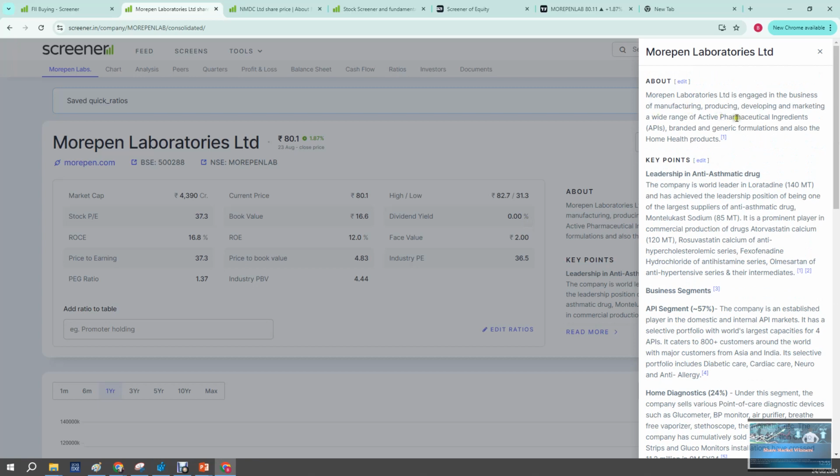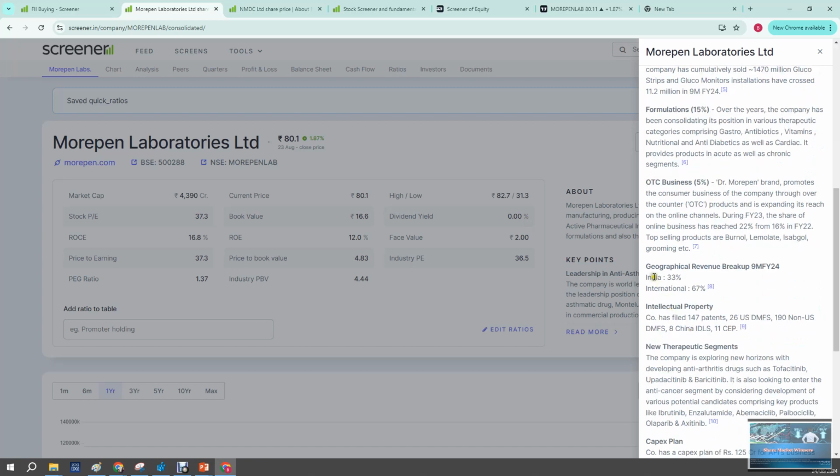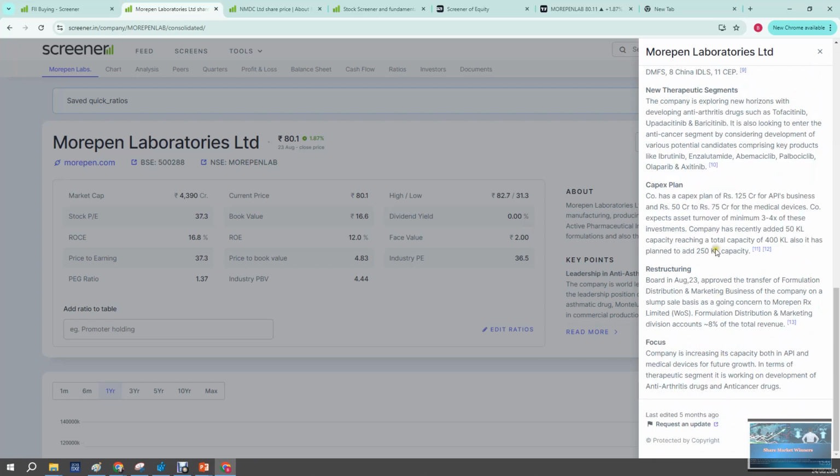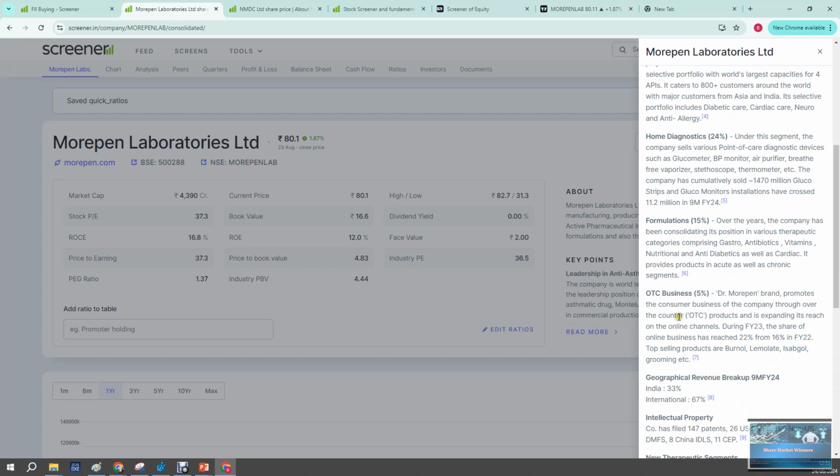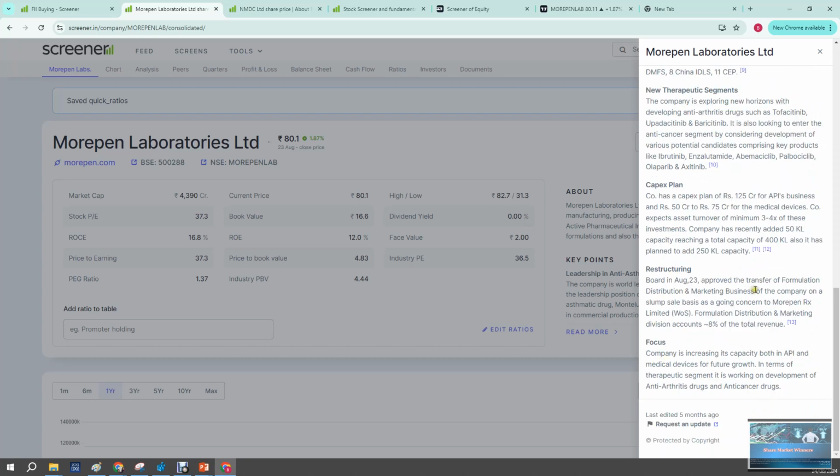Here you can see Marksans Pharma, what business they are in and what segments they are in. They give the geographical revenue breakup showing where their revenue is coming from, and you can see some of their focus or future plans, and if they are planning to acquire any companies, those details will also come here.